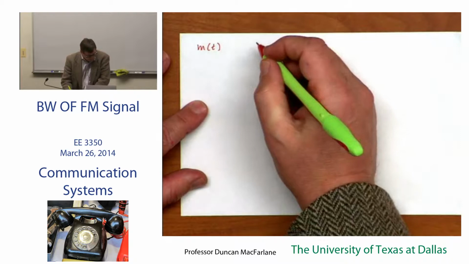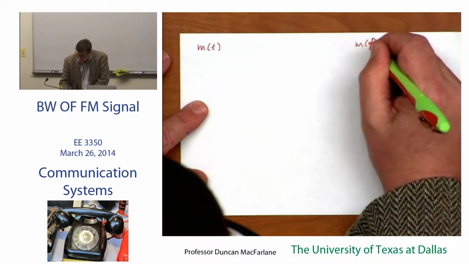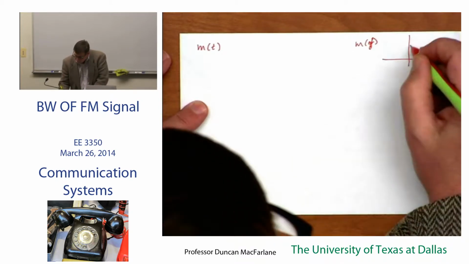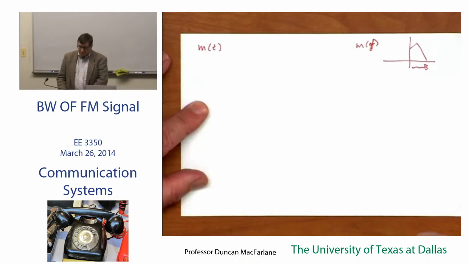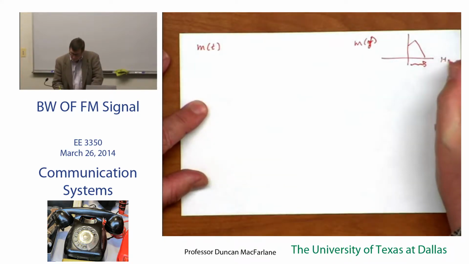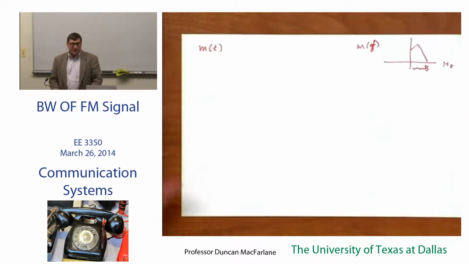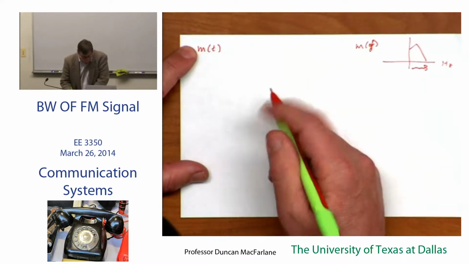One of the things that I'll know is that M of omega, actually let me write M of f, has a frequency of b. Okay? So the natural frequency in hertz, the biggest value of M of f is capital B. Let me just sketch.